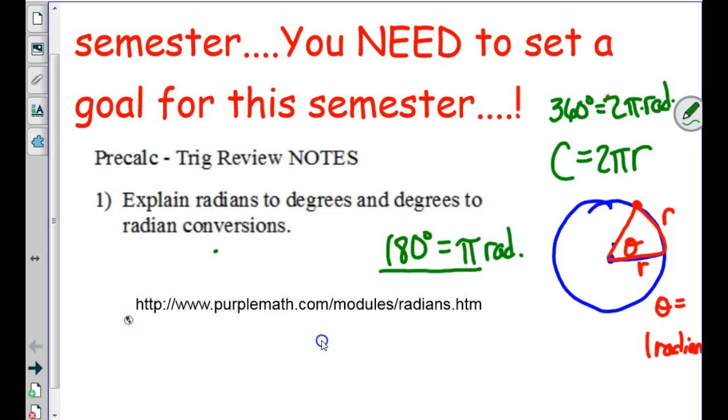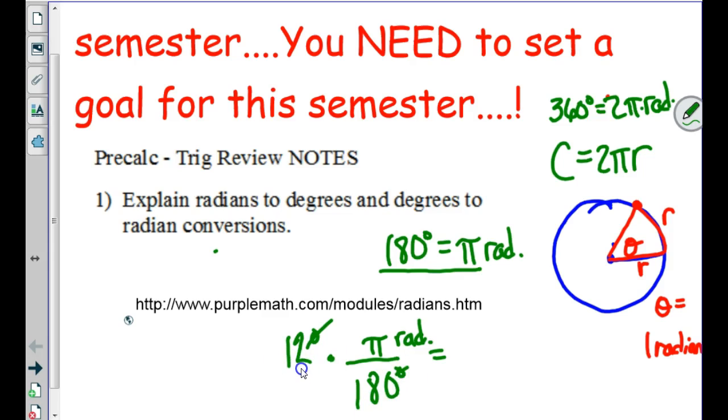Okay, so if you know that, then you want to change degrees. Say you have 12 degrees and you want to change it to radians, you just use dimensional analysis. Does this sound familiar? 180 degrees, pi radians. There isn't really an abbreviation for radians. When there's no unit, it's radians. Then the degrees cancel out, and then you would do some reducing.